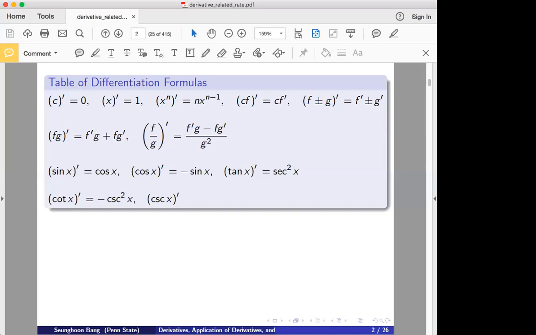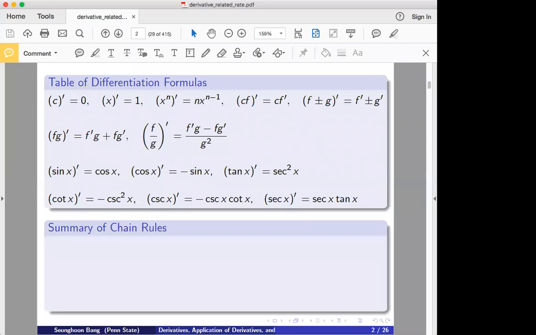Yes, negative cosecant times cotangent x. The secant prime is secant times tangent x. You have to memorize this whole table of differentiation formulas.